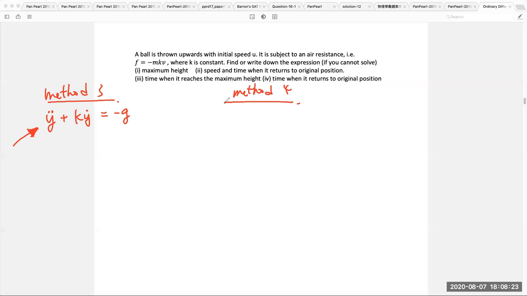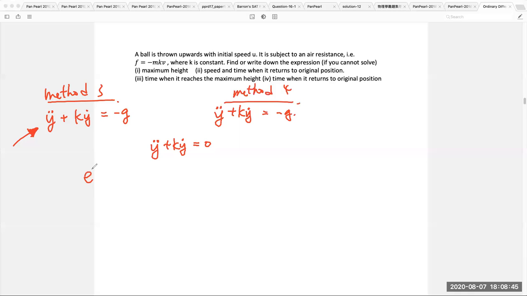For method 4, you consider it as a second order differential equation, and then we can try to solve it that way. So how can we solve it? First of all, we need to solve the homogeneous part.